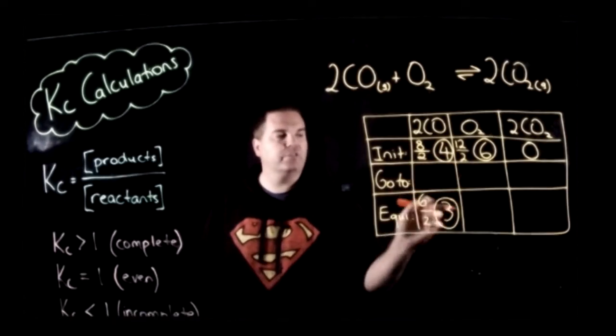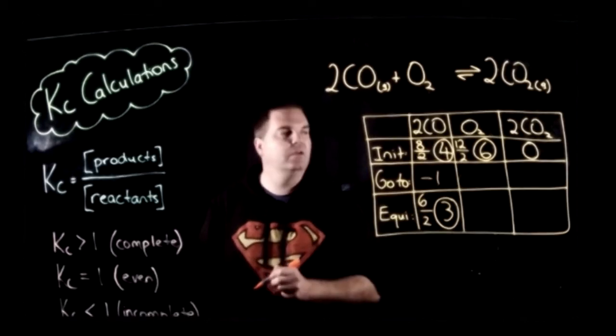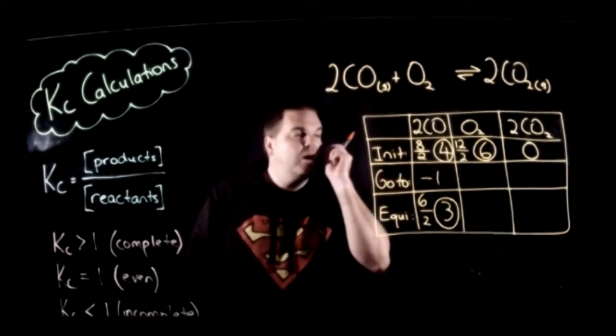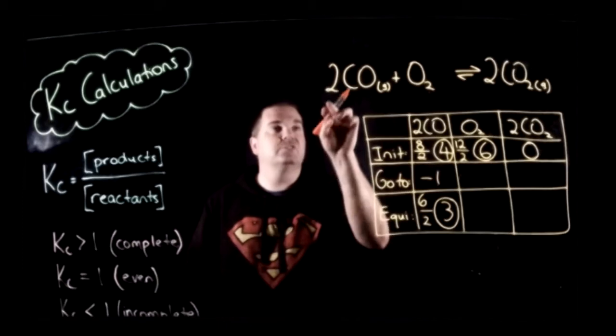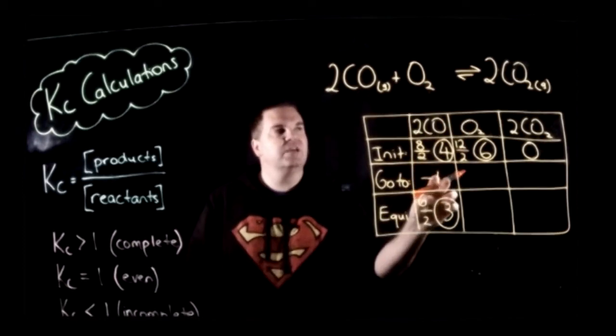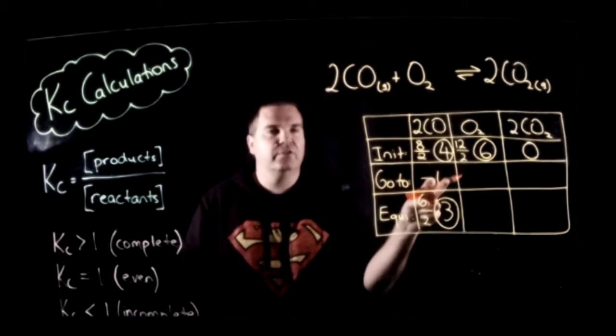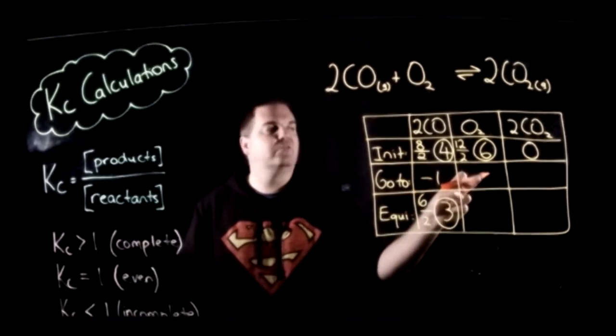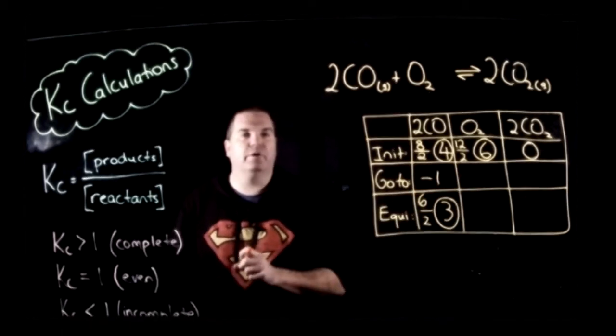To go from 4 to 3, we know we go down by 1 mole per litre. Keeping in mind the mole ratios here, this is 2, 1, 2. So if this goes down by 1, see if you can work out how much the oxygen is going to go down by.